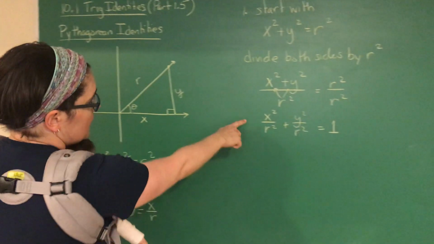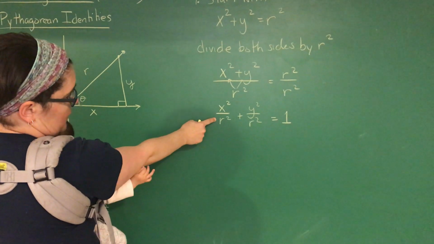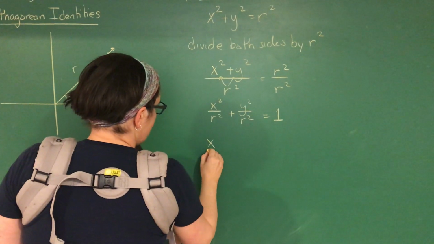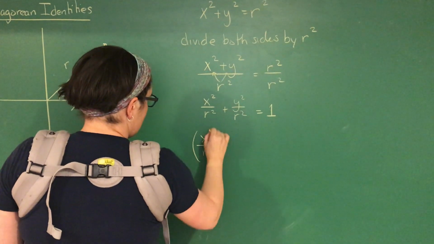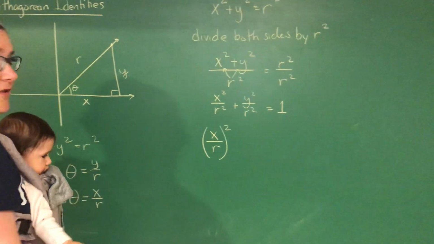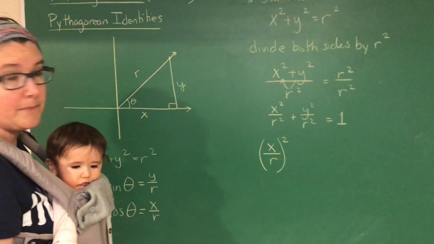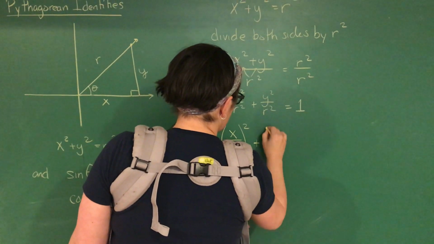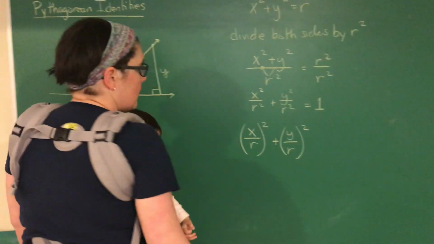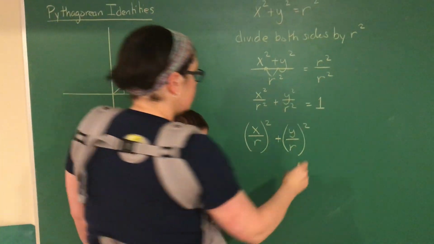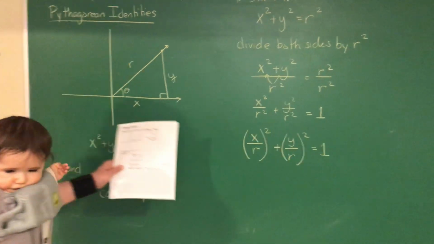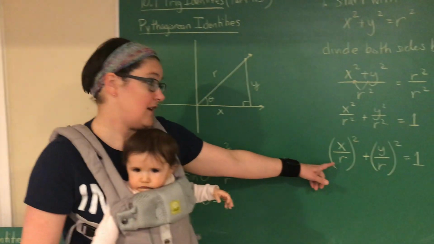Okay, so here we have x squared divided by r squared. The top and the bottom are both squared. You should convince yourself that x squared divided by r squared is the same thing as x over r, the whole thing squared. And the same over here for y squared over r squared, y over r quantity squared. Okay. And now, all that's equal to 1. Now this, written right here, x over r.